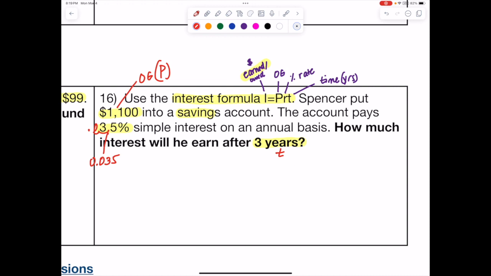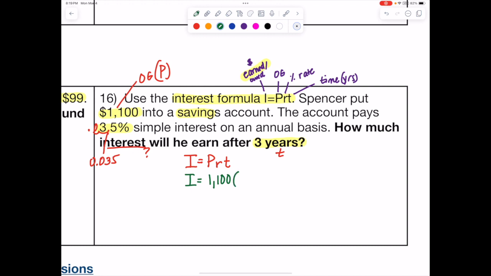Let's set this up and find out how much interest. I don't know the interest because it says how much interest. So we always start by writing I equals PRT and then fill it out. I don't know the I, but I do know my original principal, which is 1,100.